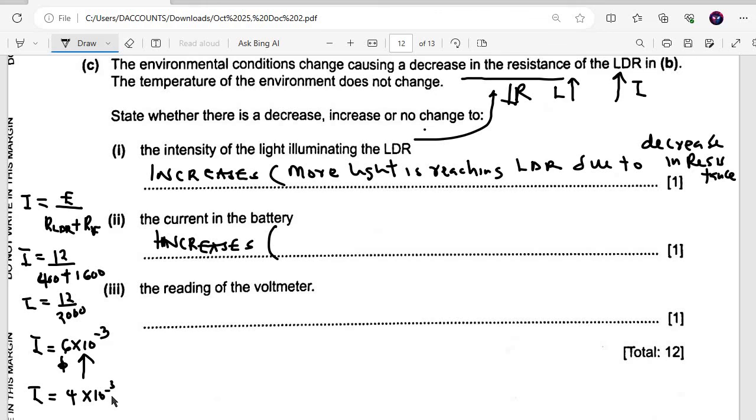The reason is the current in the circuit depends on the overall resistance.